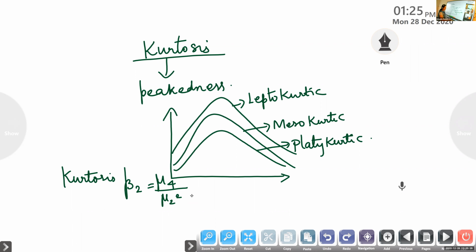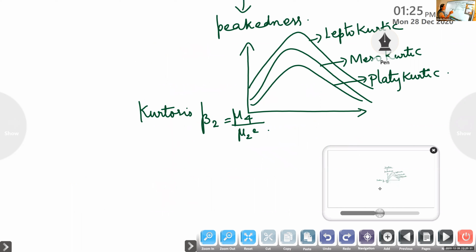After finding this beta 2, listen children, how will we understand whether it is meso or lepto?